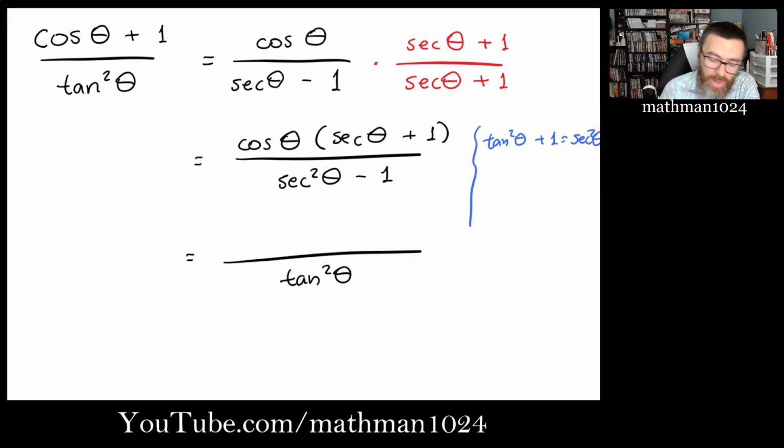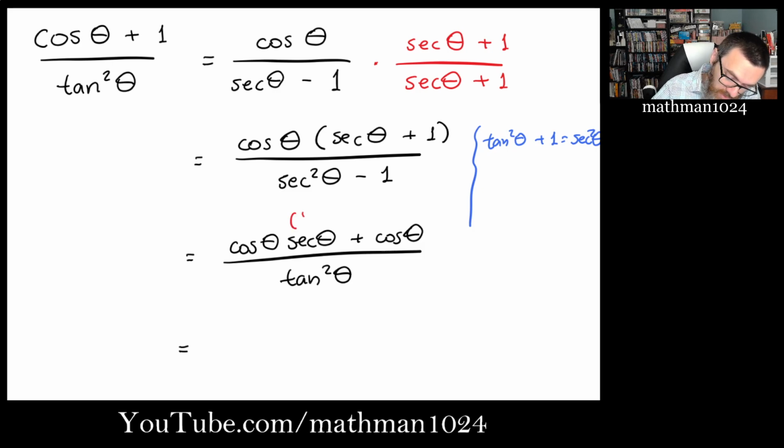Now, in the numerator, you can distribute the cosine and have cosine theta times secant theta, and then plus cosine theta. But remember, secant of theta is just 1 over cosine, right?